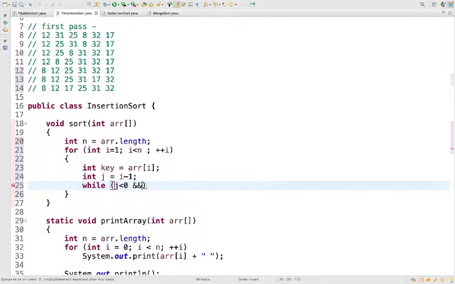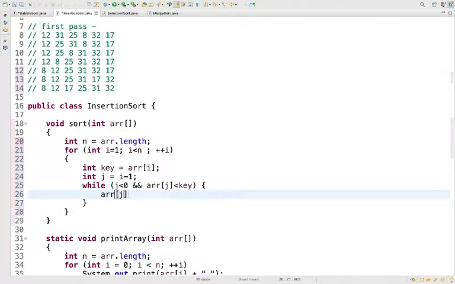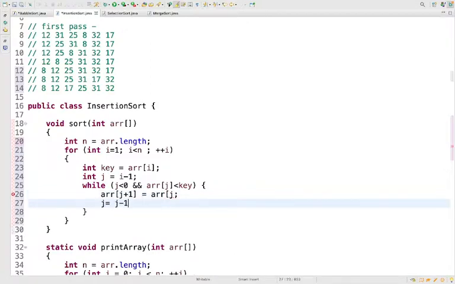0, and then arr[j] whether it is less than key. If it is less than key, I will swap this thing out, and arr[j] and j I will reduce by 1.